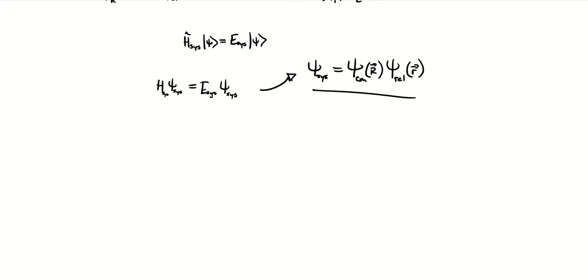You end up with two different equations: the center of mass Hamiltonian, explicitly only a function of the center of mass variable, operating on the center of mass part of the wave function, equals the energy of that center of mass part times the center of mass wave function. So again, we get an eigenvalue equation for the center of mass part.